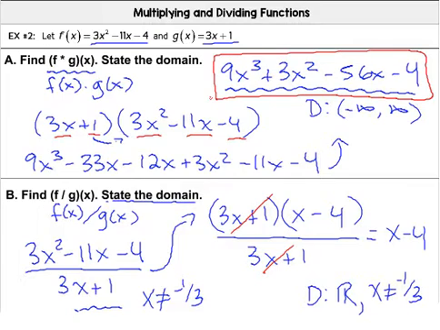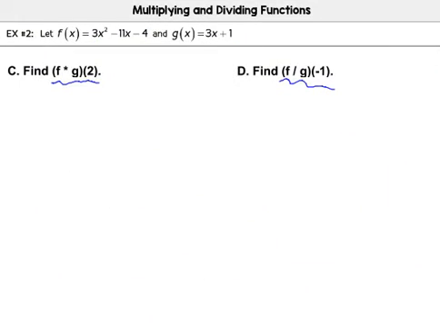For the division problem, my final function was just x minus 4. So I would take both of these new functions, and I could plug in x equals 2, and I could plug in x equals negative 1, and evaluate that, and I would get my output.